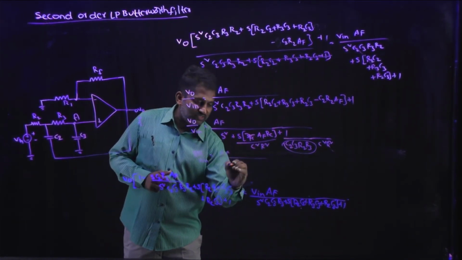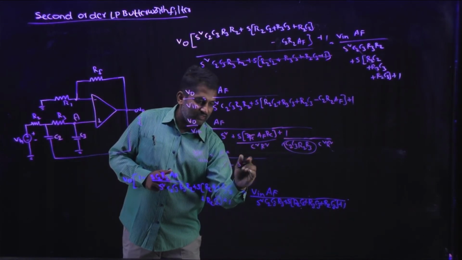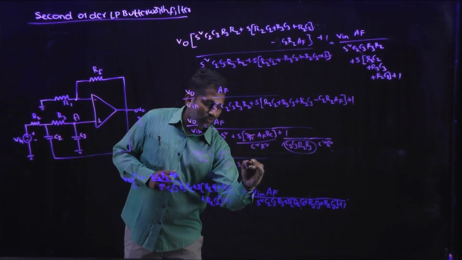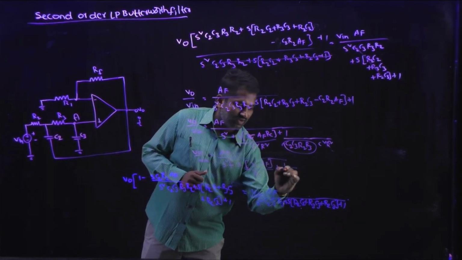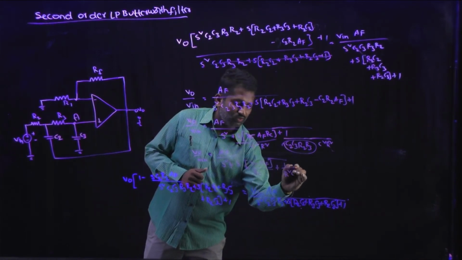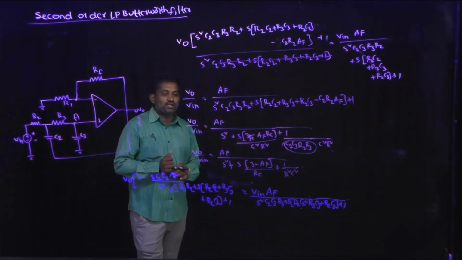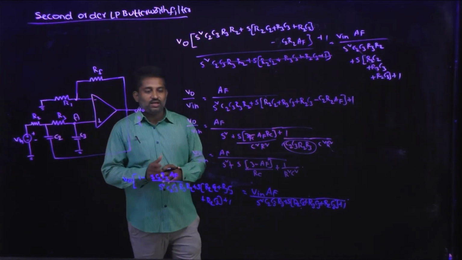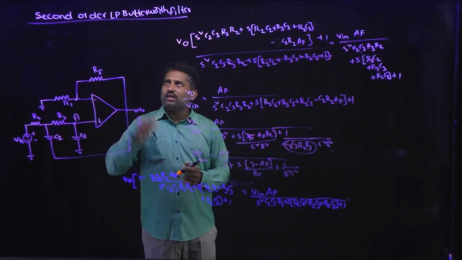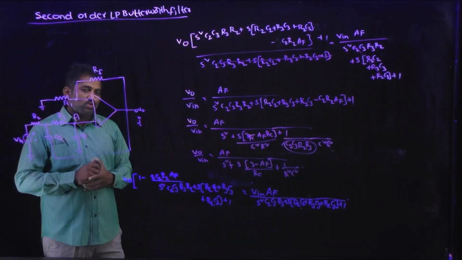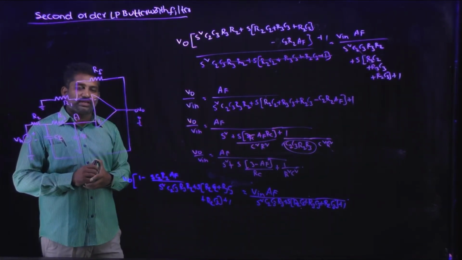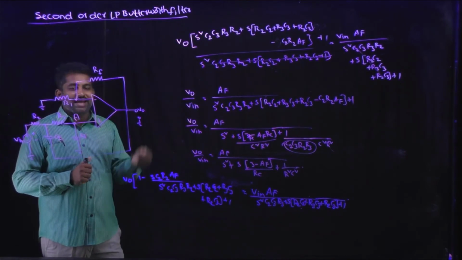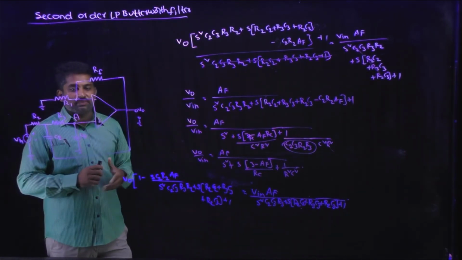taking RC as common, S into (3 minus AF) divided by RC, plus 1 divided by R square into C square. Yes or no? Which is nothing but the gain of the second order Butterworth filter. Once you clearly understand the second order low pass Butterworth filter, you can clearly write the second order high pass Butterworth filter.